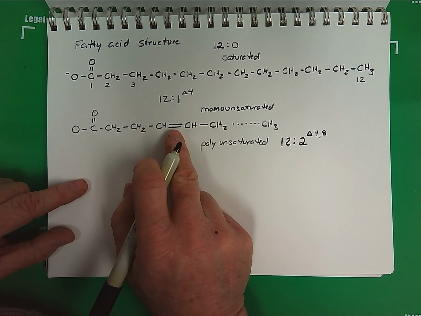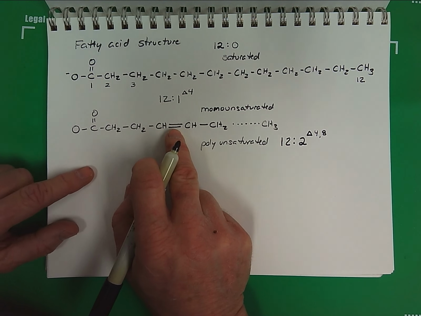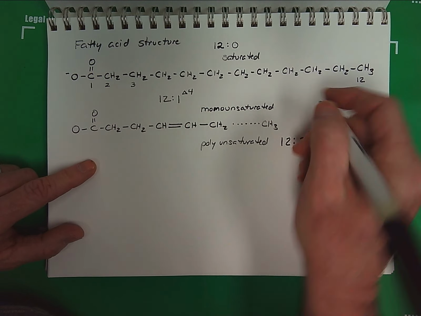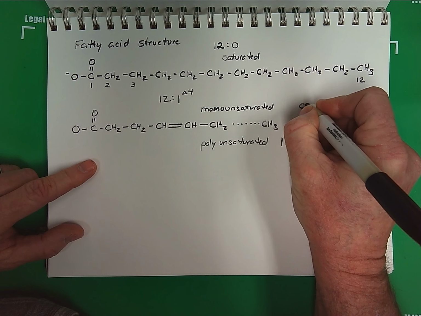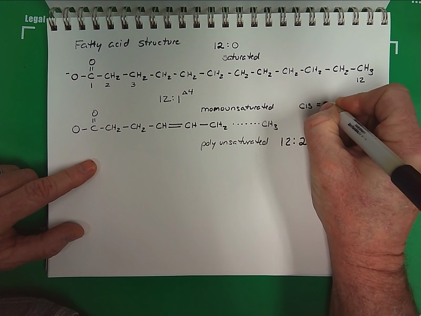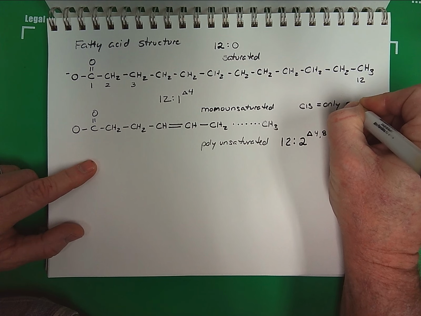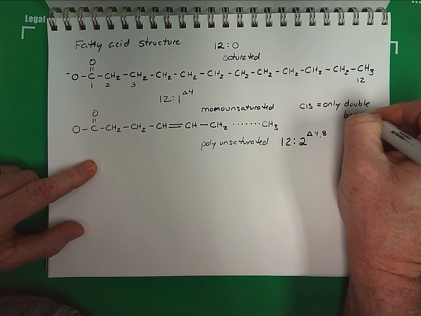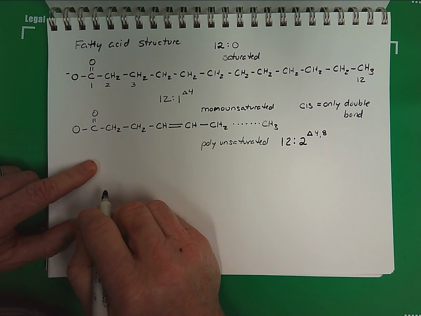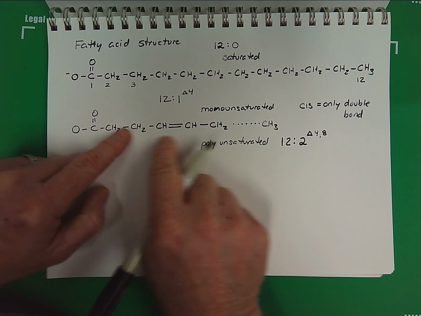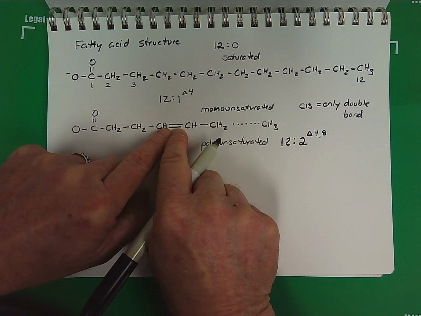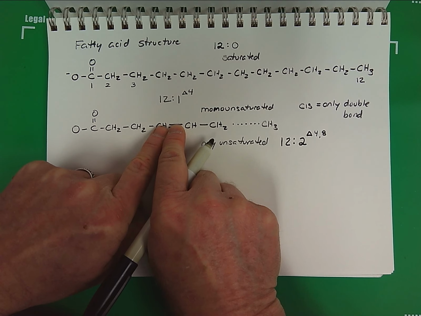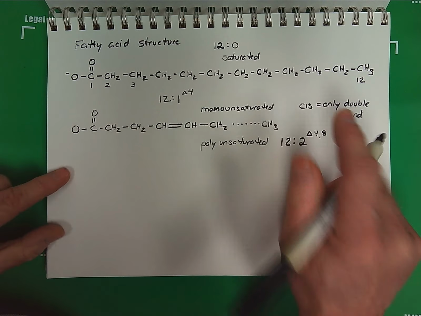Another point to consider is that these double bonds can either be cis or trans. However, in our bodies, cis is the only form of double bond that we can make. Now you can imagine if there was a double bond here in a cis configuration, this fatty acid will actually be kinked. So where do trans come from?